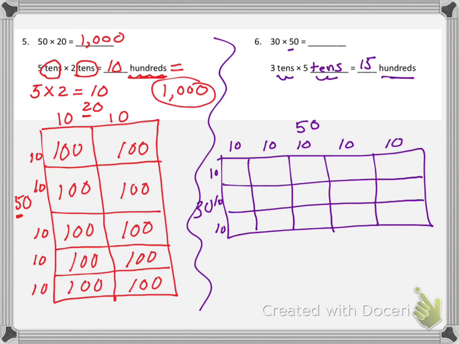So here is our area model to represent this. Over here we're doing 30, 3 tens, and up here we're doing 50, and this is 5 tens up here. So these are 10 by 10s, these little boxes, and each one of those is representing 100. How many boxes are in this grid? Well, there's 15. So this would end up being 15 hundredths in this area model.